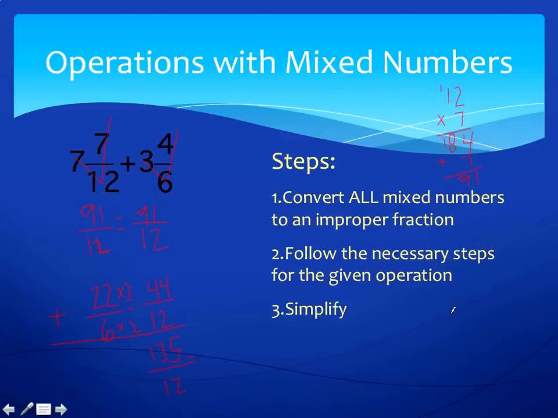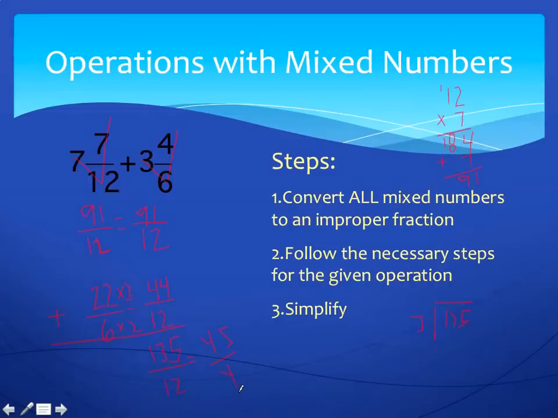So off to the side, I can go 135 divided by 3, and I could do all that work. But for time purposes, I know that that's going to give me 45, and 12 divided by 3 gives me 4. And that's about as simple as I can take it.